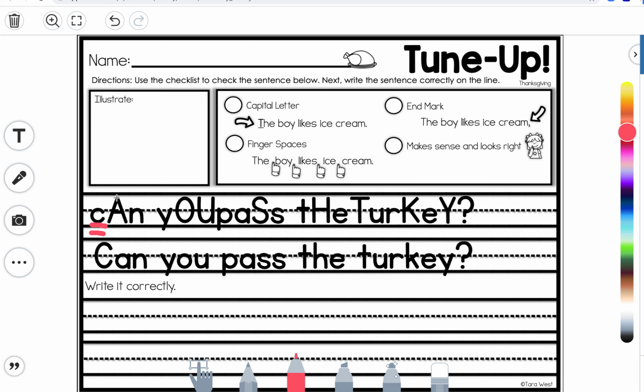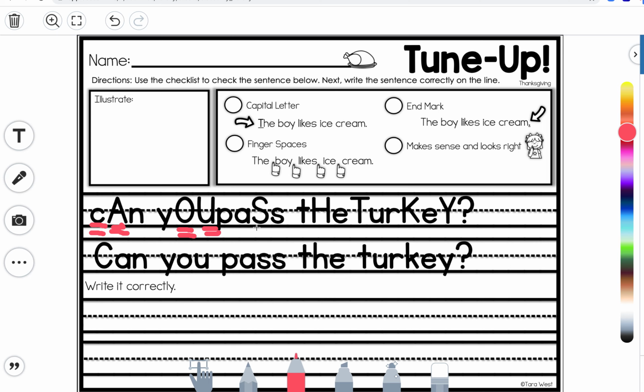What about this next letter? It's a capital A. Should you have a capital A in the middle of a word? Nope, we're going to underline that one too. We're going to fix that one here in a minute. Let's keep going. Ooh, what about those two? Should they be capitalized? They're in the middle of a sentence. Nope. Okay, we're going to underline those to remind us to fix that in a minute, right? Let's keep going.